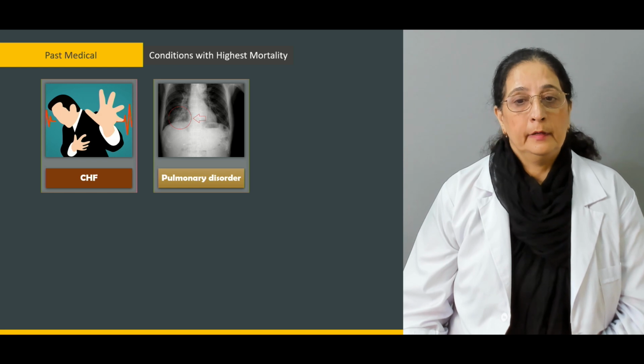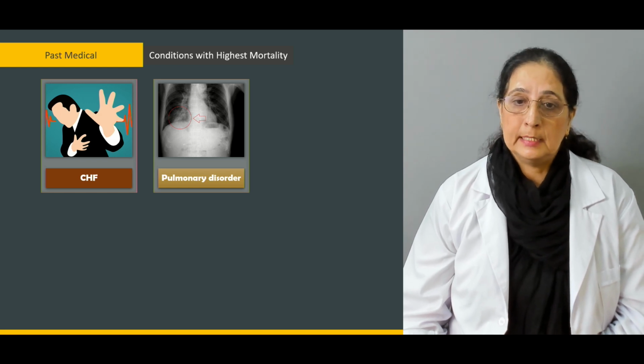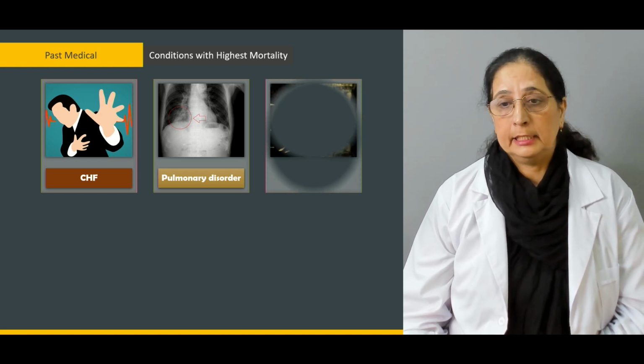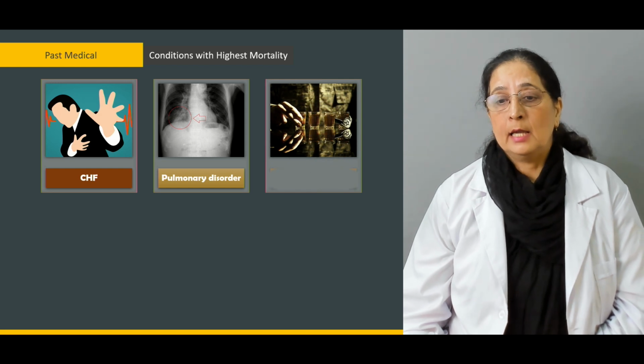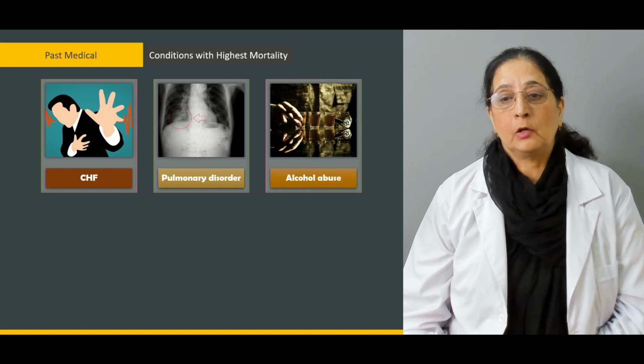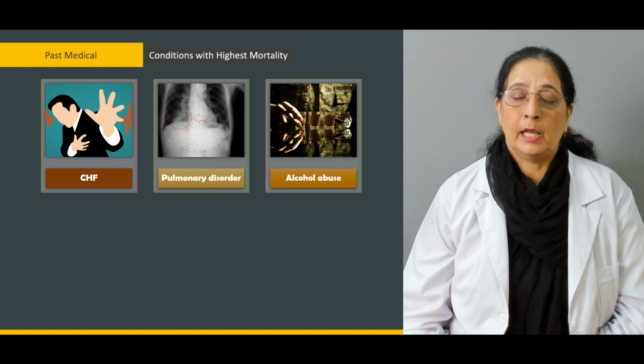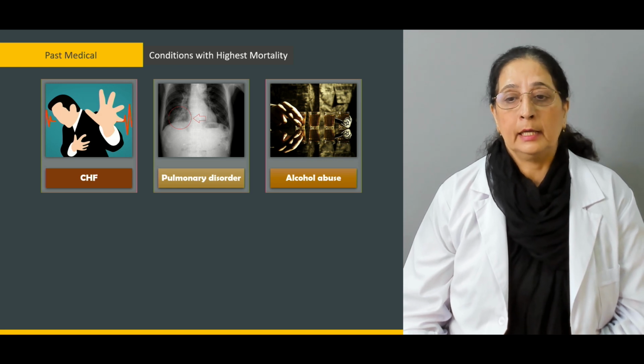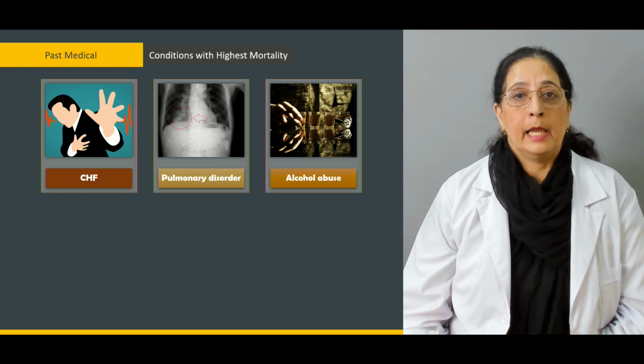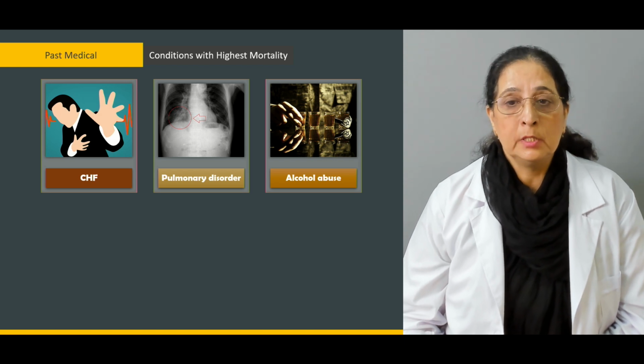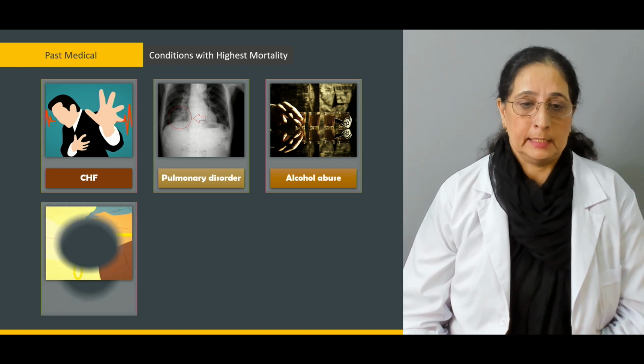Any pulmonary disorder, if present, can aggravate the condition. Then we have alcohol abuse. Patients who are alcoholic and have the habit of alcohol abuse have a high mortality rate.